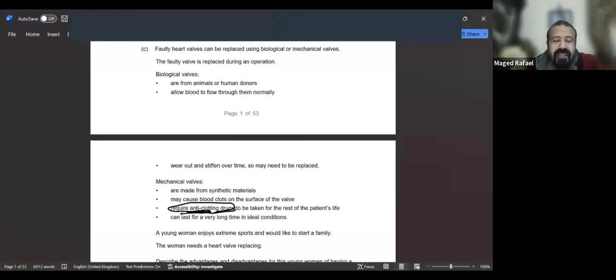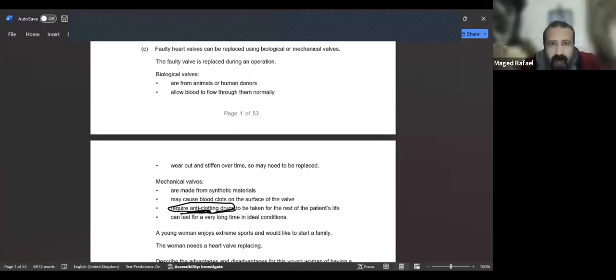However, some of the disadvantages are that it might be rejected. We cannot say it's 100% with zero risk of rejection. And we can say also we may have to go through surgery more than once, because we might need to replace those kinds of biological valves.